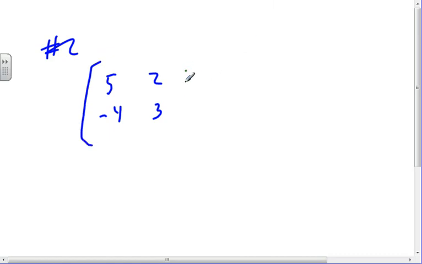So I'll look at number 2. I want the inverse matrix of 5, minus 4, 2, 3. What I'm going to do is put the identity matrix on the other side. I have something like that.